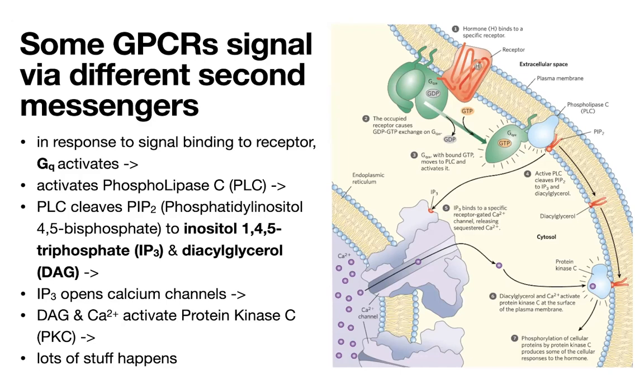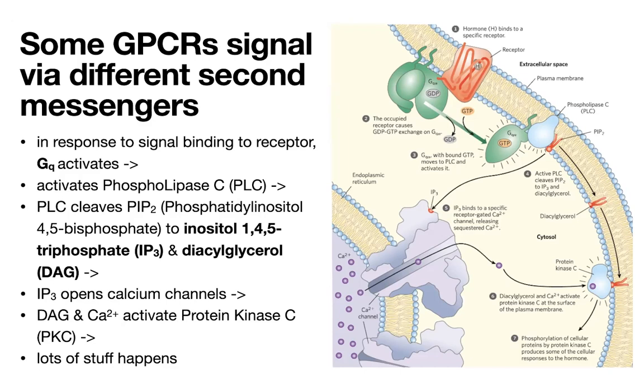So it's not enough to just bind to DAG. We also want it to bind to calcium. And how are we going to get calcium? Remember we talked about how in our cells we have those SERCA pumps, which use energy to pump calcium into our endoplasmic reticulum against its gradient, so that we can maintain a high amount of calcium inside this little compartment.